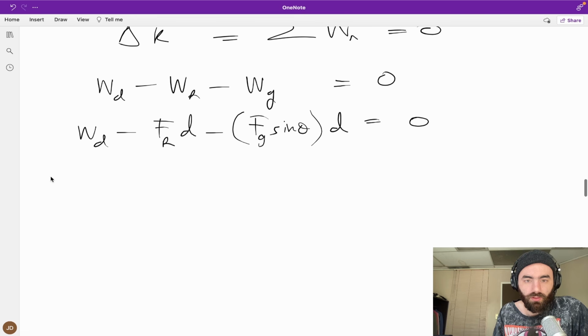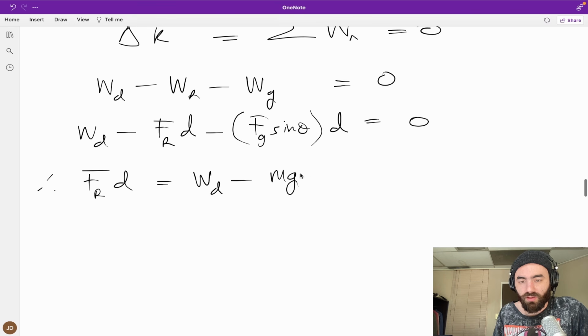So we take this over, and we get FR d equals the work done by the driving force minus mg sine theta times d, which is just mgd sine theta.